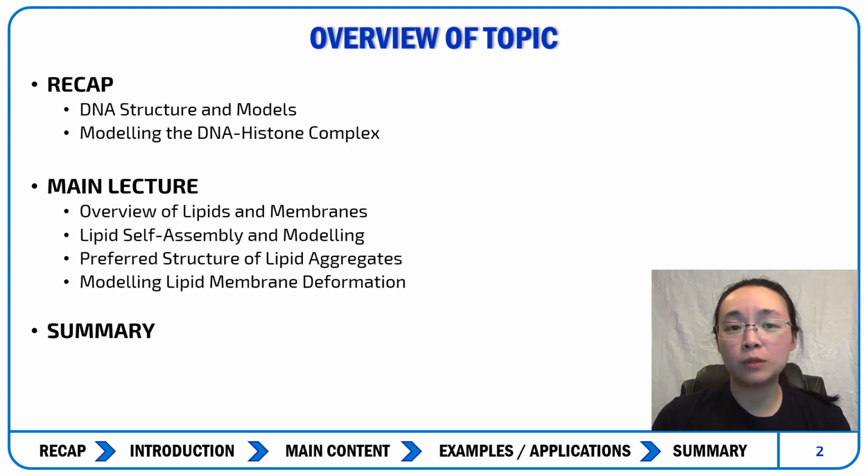Once we get to lipid membranes and lipids, first we're going to go through an overview of lipids. Next, a quick overview of what lipid self-assembly is, why they even self-assemble, and the different preferred structures or aggregates as they self-assemble. I'm going to end off with an example of modeling lipid membranes in terms of how they get deformed.